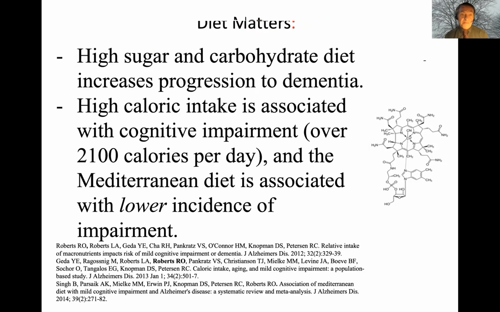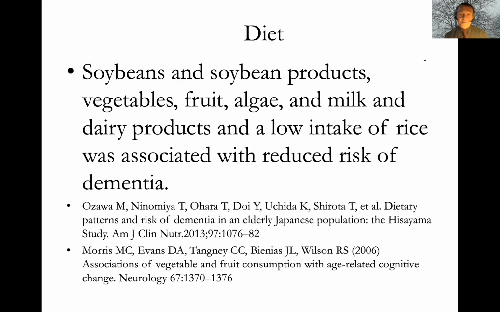Diet matters. A high sugar and carbohydrate diet increases progression to dementia. High caloric intake is associated with cognitive impairment, and the Mediterranean diet is associated with a lower incidence of impairment.